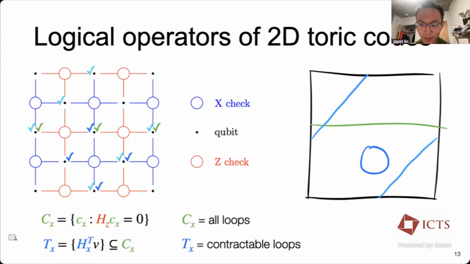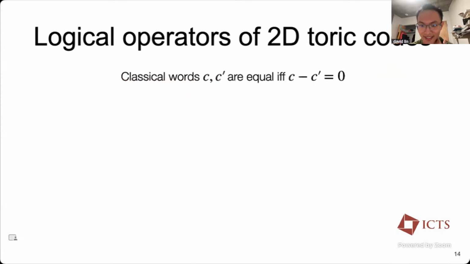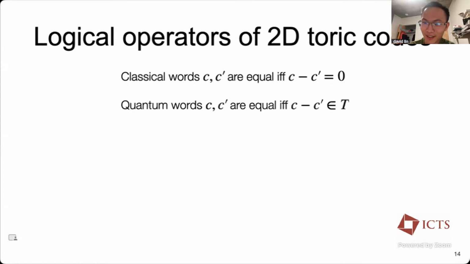Before moving on, let me emphasize again this notion of trivial logical operators. In classical codes, two words are the same if they're just the same, like their difference is 0. But in quantum, you only need their difference to be inside the trivial logical operators.